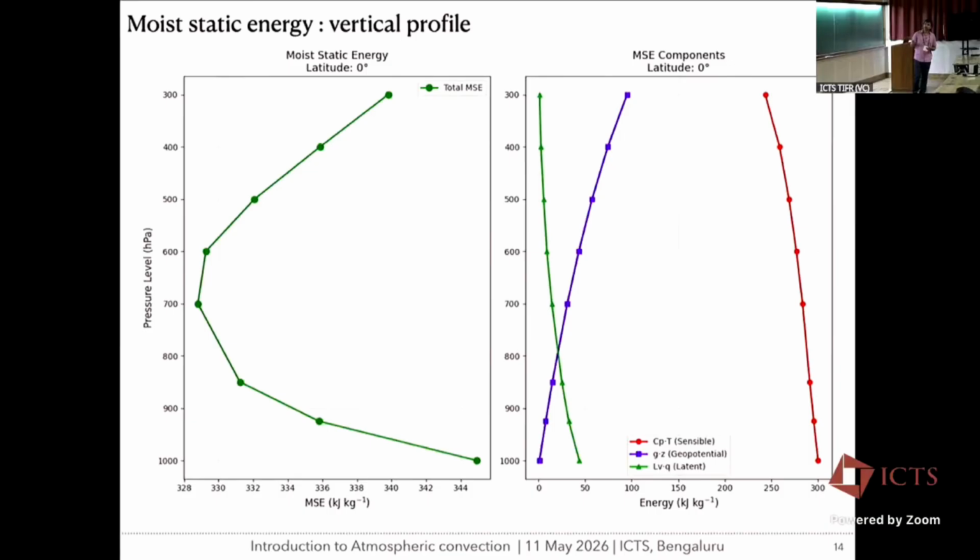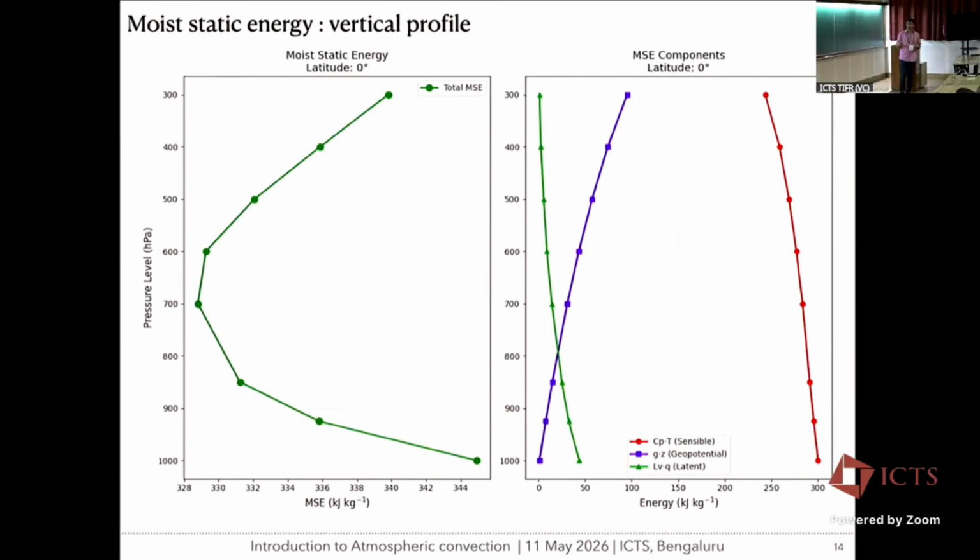And the reason I mentioned that I have data up to 300 hectopascal is, if I had plotted this up to slightly further up, then you would have seen the moist static energy at the high levels is actually slightly bigger than what we have at the lower levels or near the surface. And this curve actually gives you many things to think about.